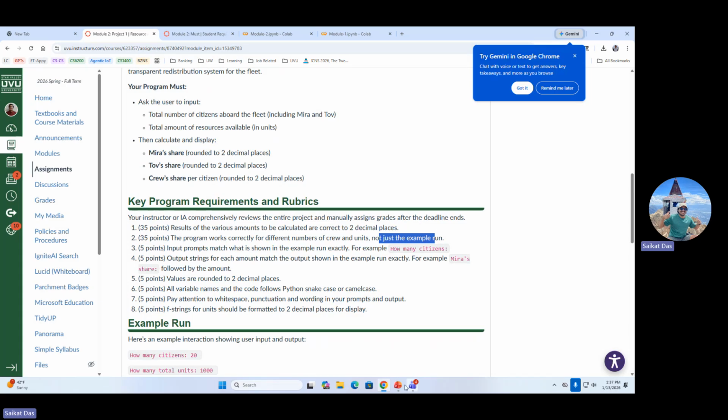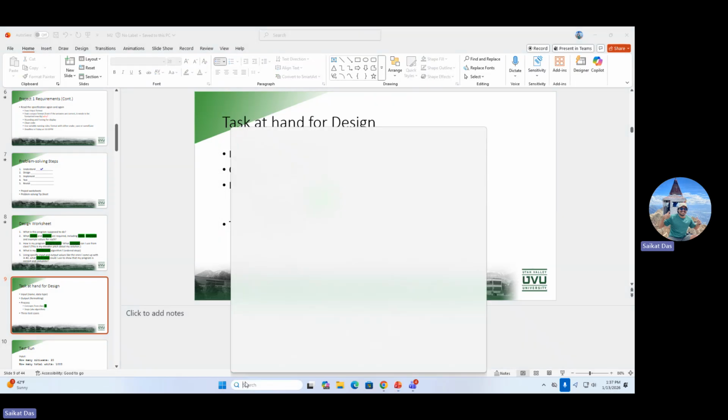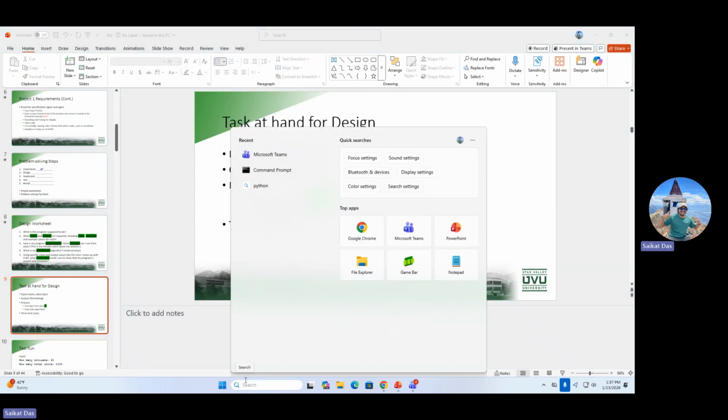Now the second part comes: how you can create the test cases. Okay, I'll show you how you can create a test case. Are you familiar with Excel, Microsoft Excel? Okay. It's better to use Excel.